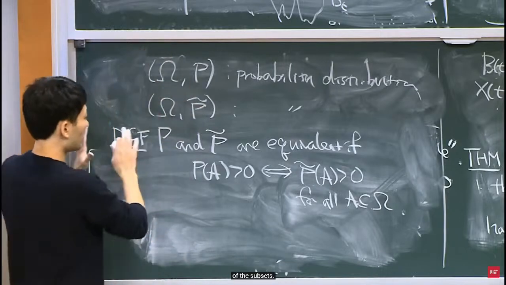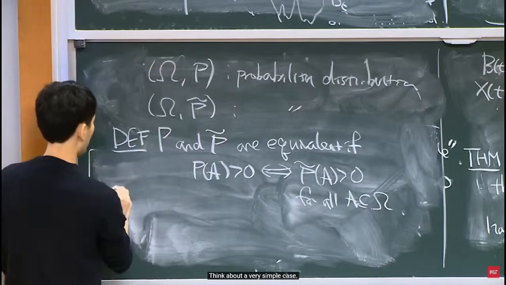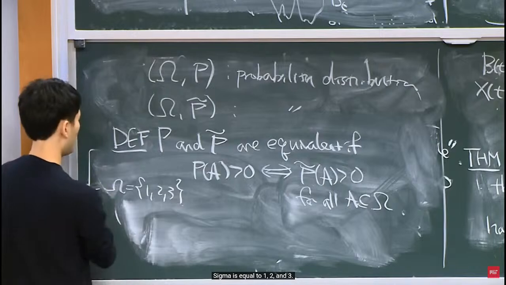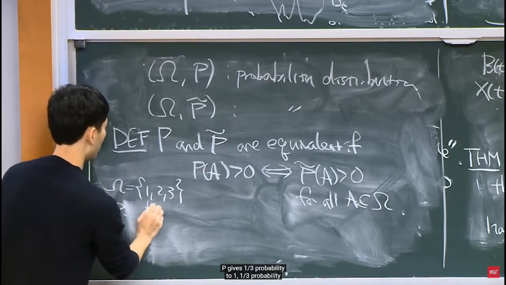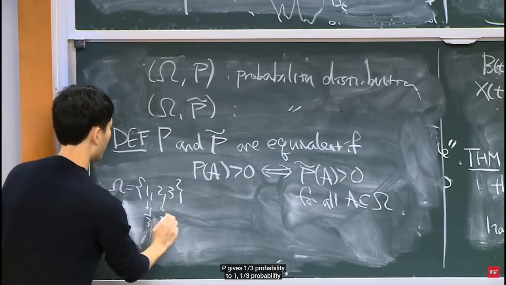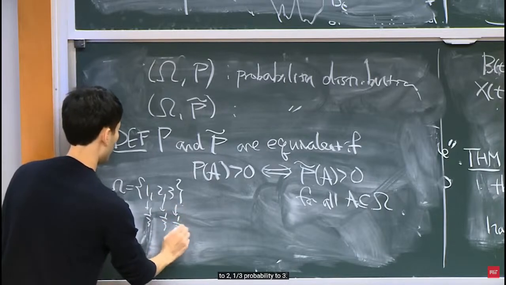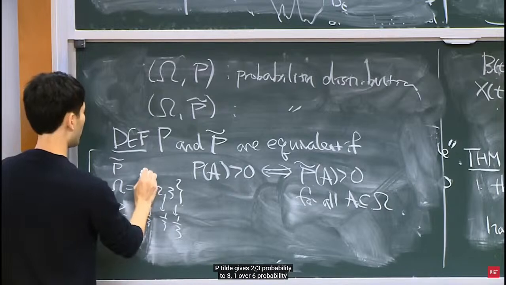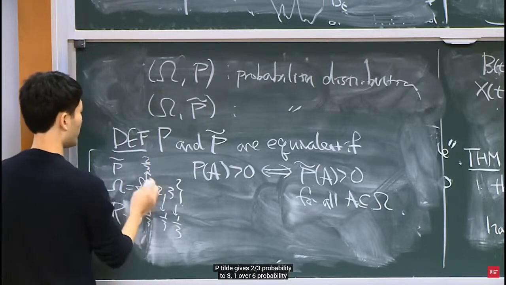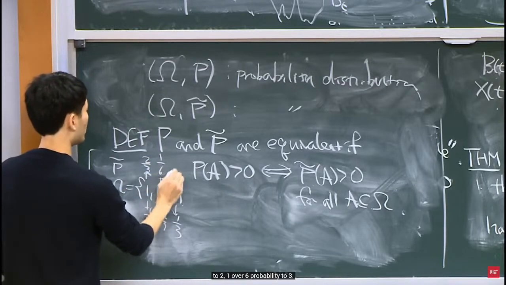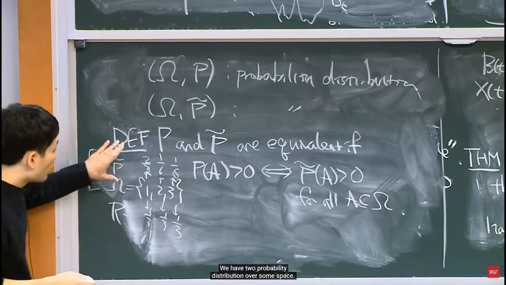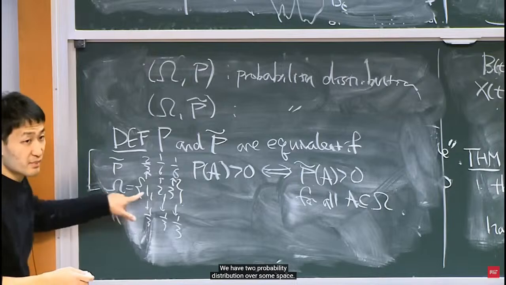So let's just think about a very simple case. Omega is equal to 1, 2, and 3. P gives 1/3 probability to 1, 1/3 probability to 2, 1/3 probability to 3. P tilde gives 2/3 probability to 1, 1/6 probability to 2, 1/6 probability to 3. So we have two probability distributions over some space.